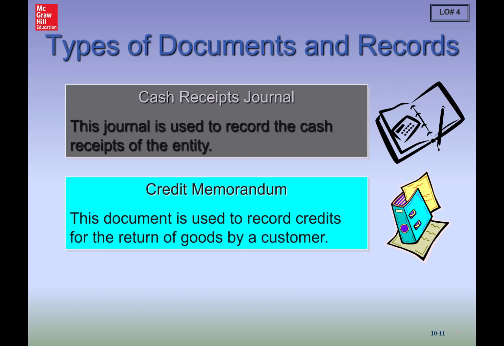right? Okay, so why do they call it a credit memorandum? Well, they're saying we're going to credit your account receivable, right? To credit the account receivable, they're going to debit what? Sales returns? Okay? Now what happens if you don't get good control over those credit memos?